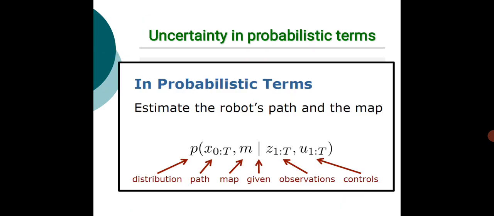In probabilistic terms, here P represents a distribution, x0 to t is the path, and m is the map, given the observations and the controls, which are represented by z and u respectively.